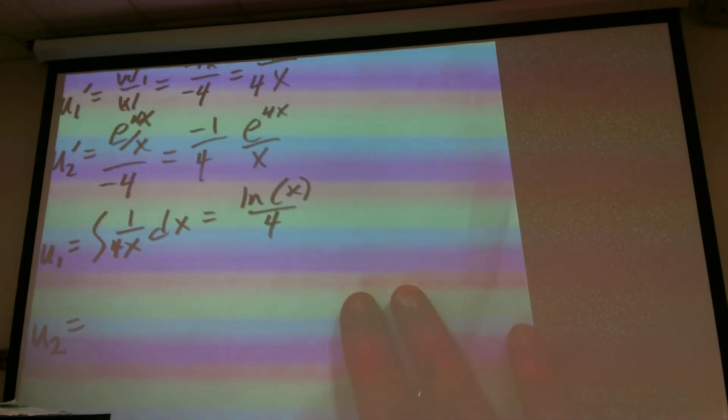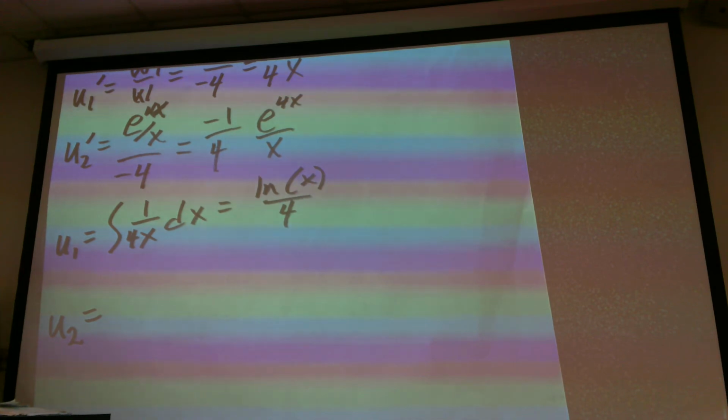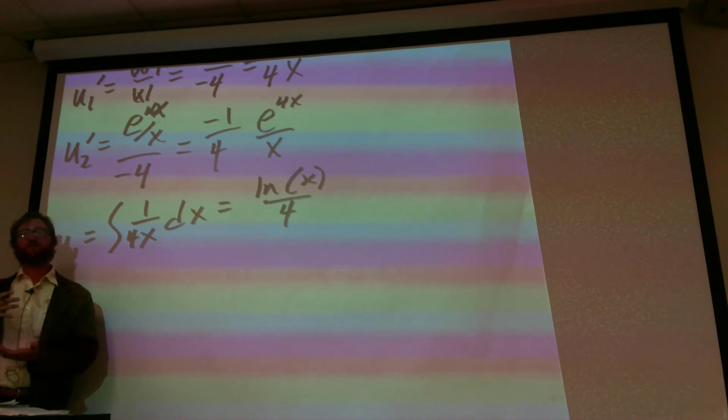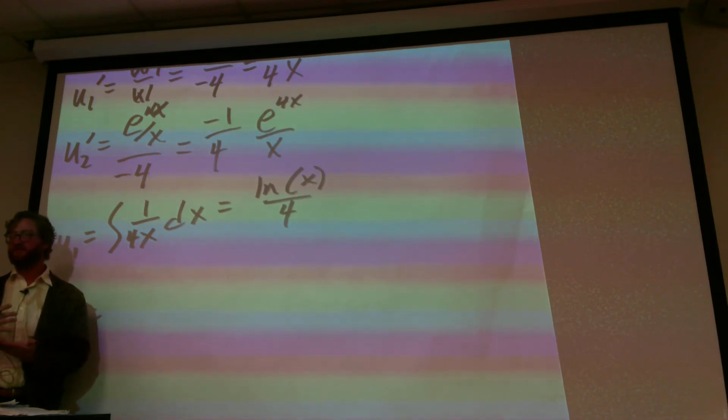Okay, now u2, this is where it gets a little bit weird. I can't integrate that thing, but I want to say that u2 has to be represented by an integral. And I want the integral in the end to be a function of x. So I need to make a change of variables with respect to what I'm integrating.